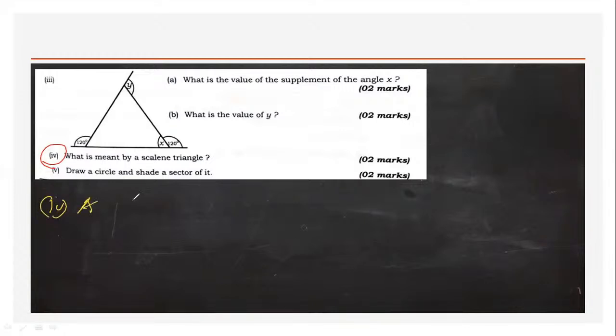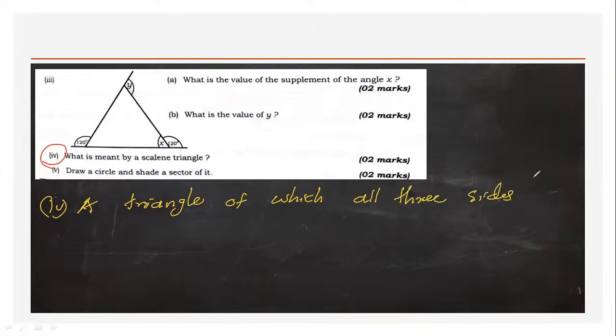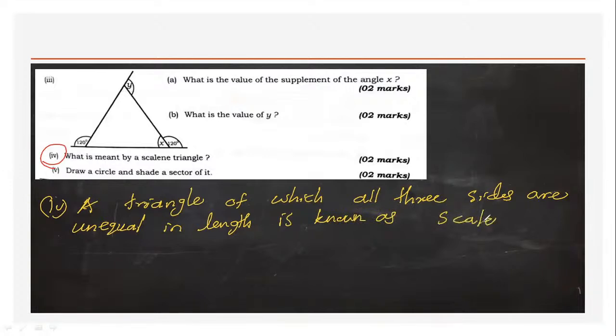It means a triangle of which all three sides are unequal in length is known as scalene triangle.